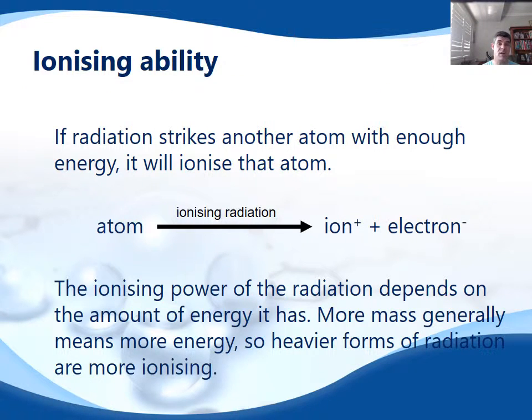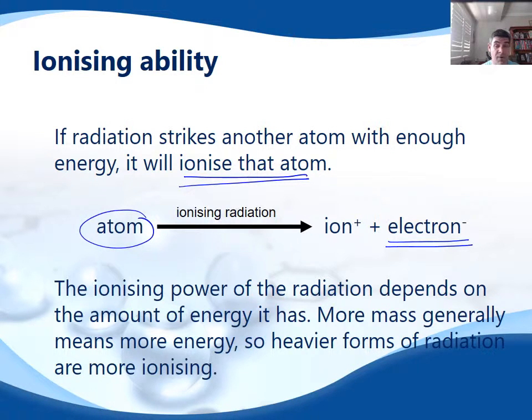So if we look first at ionizing ability, we said it was the ability of a particular type of radiation to ionize an atom. So effectively, what that's going to do is it's going to take the atom and punch out an electron in order to turn it into an ion.